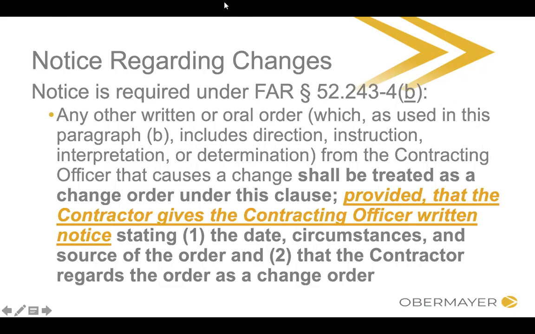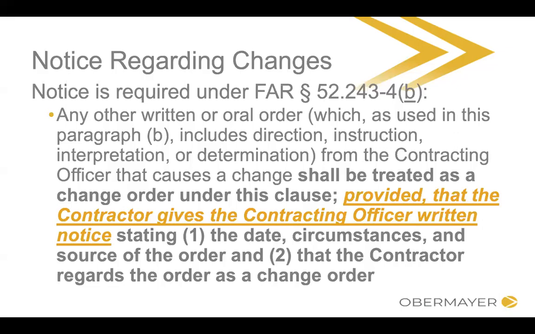And what does that notice have to say? It has to give the date, circumstances, and source of the order that you view as the change. So in other words, when you got notice from the government that you weren't allowed to work remotely anymore, or when you got notice from the government in terms of their interpretation of how many outlets you had to install, you need to then say, on this date, I got an email from the contracting officer, or the contracting officer told me, whatever they told you that you consider to be a change.